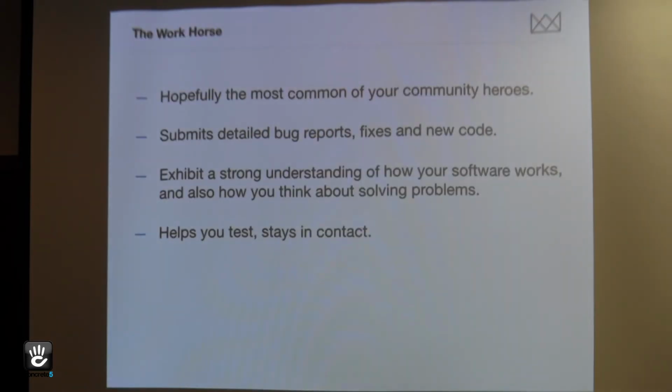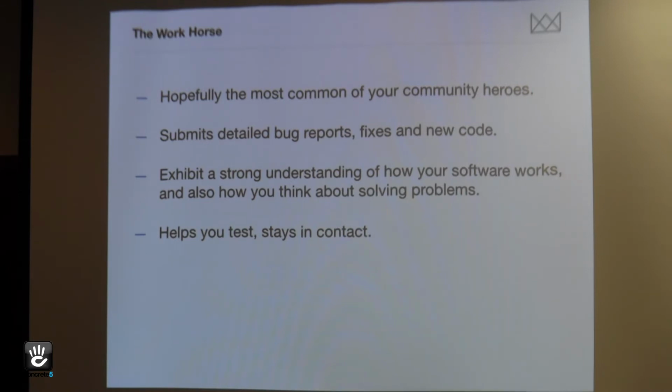So let's start with what I'm calling the workhorse, and this is hopefully the most common of your community members. This is a person who just produces good bug reports and helps with your issues, whether you have to ask or not. And I think one of the underlooked aspects of this is a person with whom you can communicate in general terms, and when they do things for you, they work the same way that you do, which is not to be discounted, because this entire thing is built on communication, and it's tough.